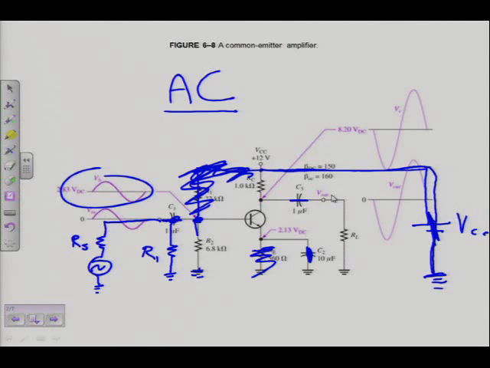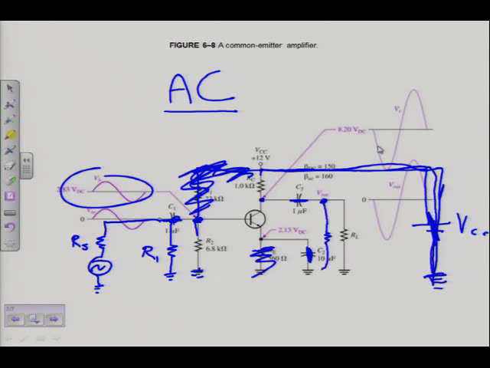Then from the capacitor, I can see via the short of C3, I've got RL, but also RC via this short through the supply, also connected to ground. Now, to simplify it, I can also draw it here. There's the from the collector.